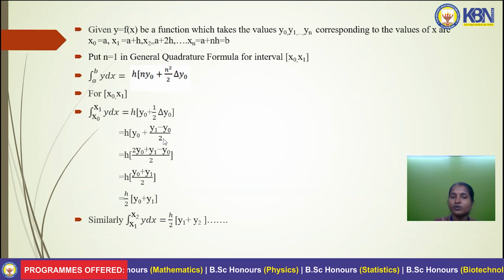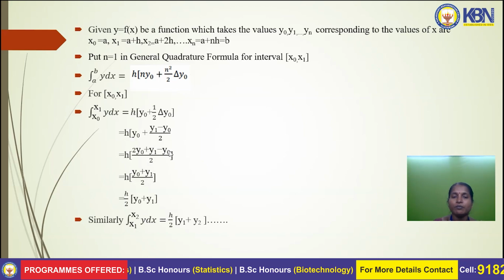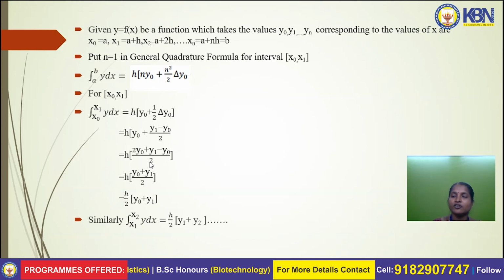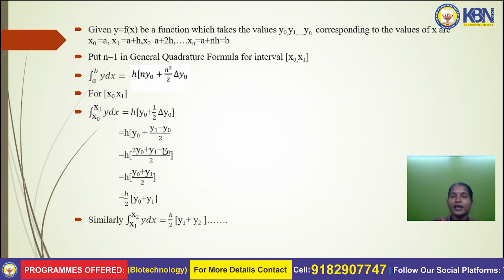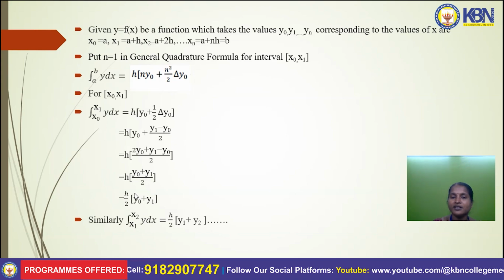Now take the LCM: h into 2y0 plus y1 minus y0 by 2, that is y0 plus y1 by 2. So finally in the interval x0 to x1 we get the value h by 2 into y0 plus y1.